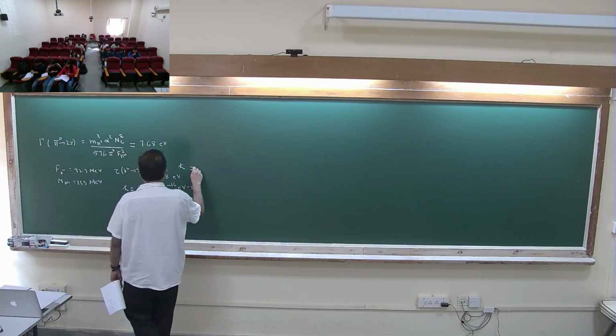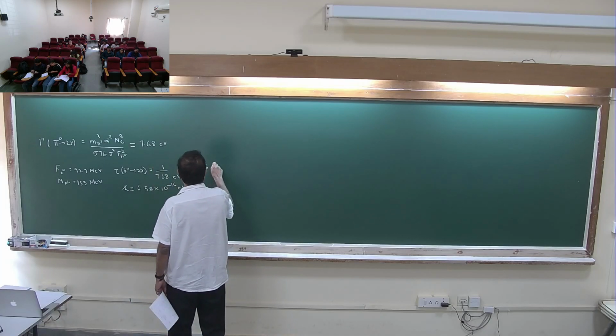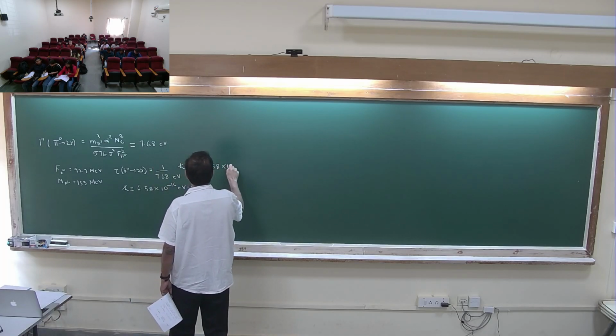So let's put it in and get the number: 6.58 times 10 to the minus 16 divided by 7.68.